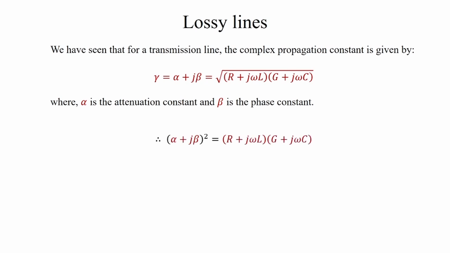Now, if we square this equation on both sides, we can write (alpha plus j beta) squared is equal to (R plus j omega L) into (G plus j omega C).